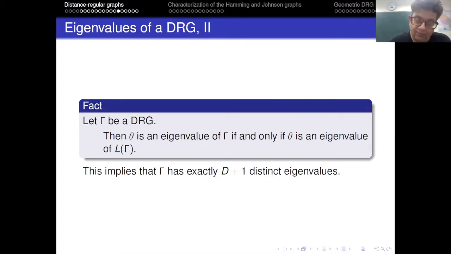Note that the multiplicity of any eigenvalue of L(gamma) is 1, whereas the multiplicities of theta as an eigenvalue of gamma are usually much higher than 1. This implies that gamma has exactly d+1 distinct eigenvalues.